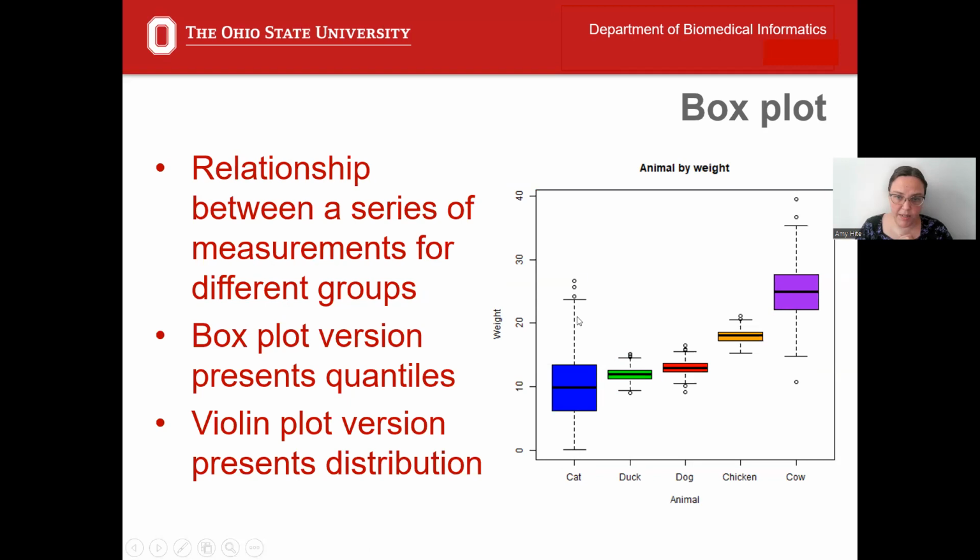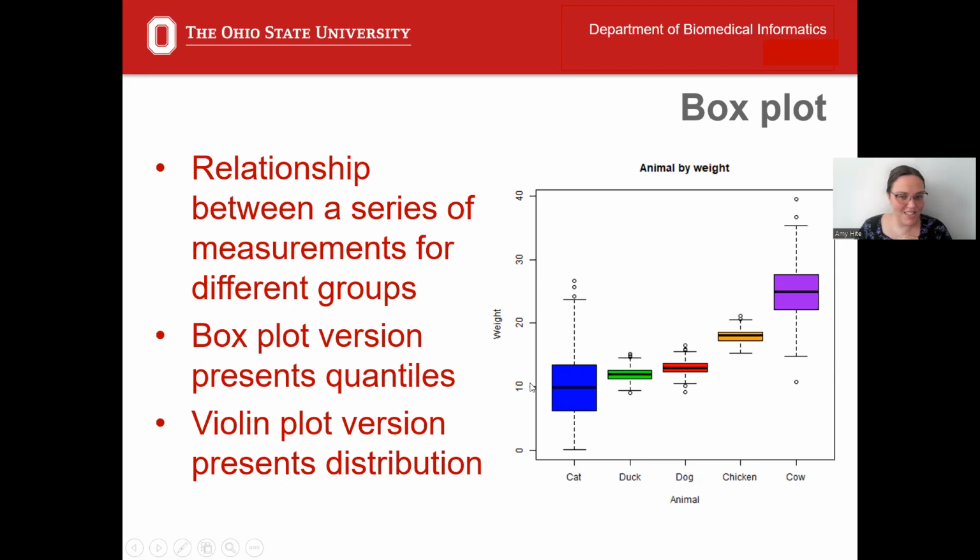We have the minimum and the maximum. We have the 25%, the 50%, and the 75%. It gives you an idea of the distribution of the weights of these cats. We have some very large cats.